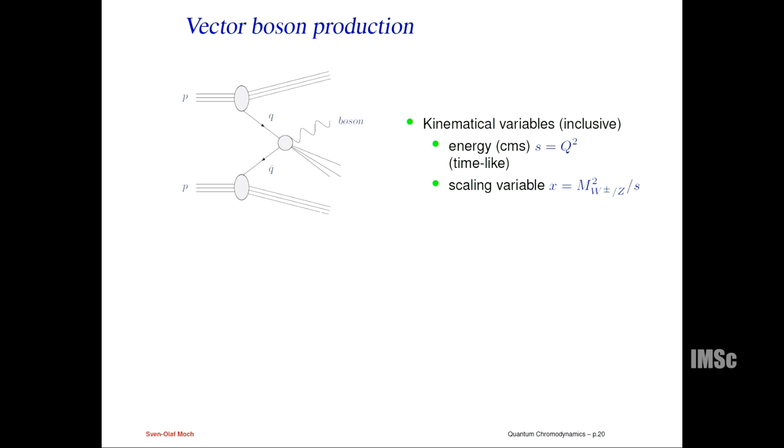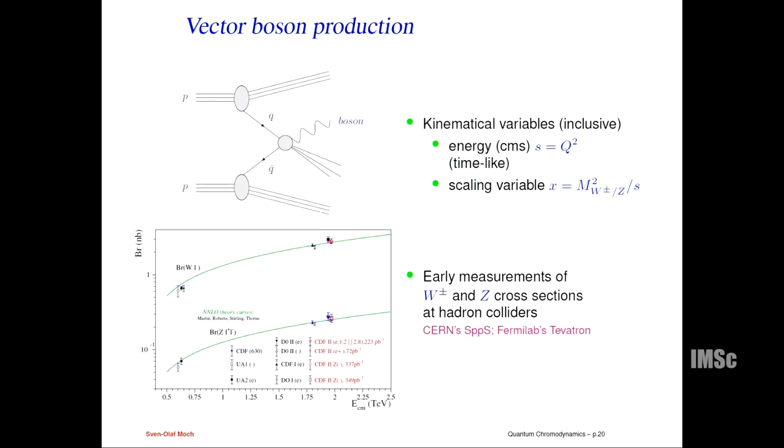The scaling variable is just the mass squared of the gauge boson, so it could be a W or a Z boson, divided by the center of mass energy. Because of energy-momentum conservation, you can immediately see that the scaling variable can only range between 0 and 1, because phase space is constrained. This process has been measured.